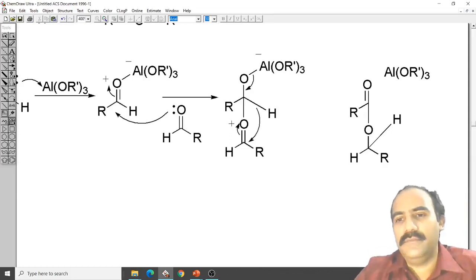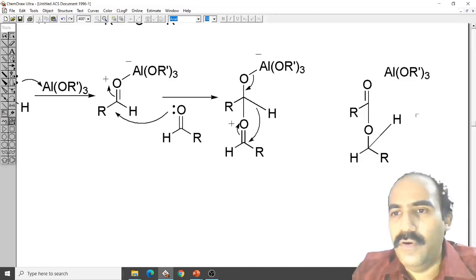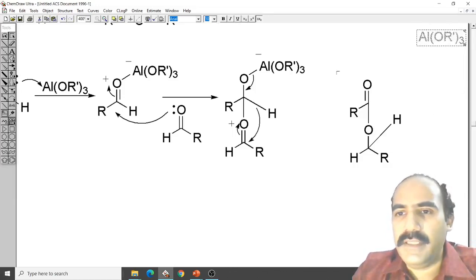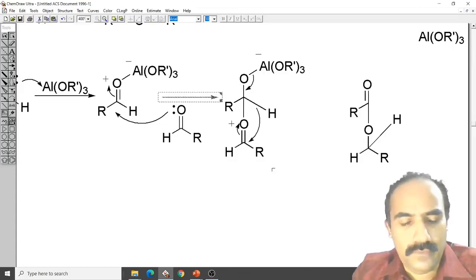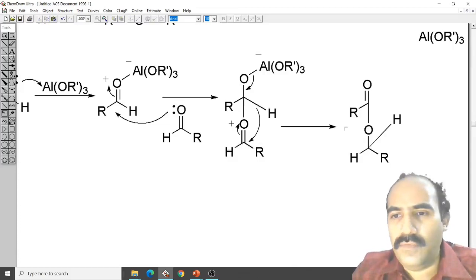Oxygen becomes neutral. So what is this species? This is actually our ester. So our Lewis acid got regenerated. So let's take it aside and let's look at this structure. Before that, let's draw the arrow. So what is this species?